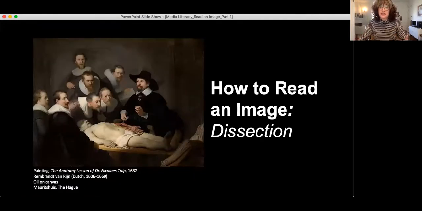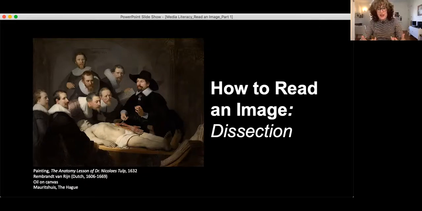Well, I like to start with an image dissection. I actually included this painting on this slide as a little bit of an art history joke. It is not from the Wolfsonian's collection. It is a Rembrandt. We do not have a Rembrandt. It is the Anatomy Lesson of Dr. Nicholas Tulp from 1632. And anatomy lessons and dissections were really important in early modern medicine, for understanding the human body and understanding how it worked.